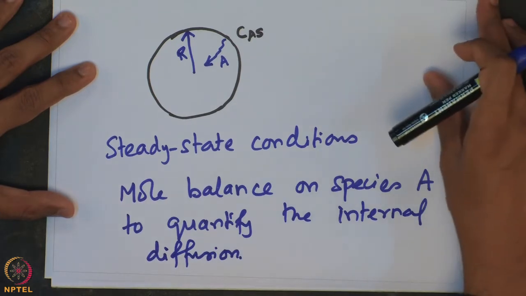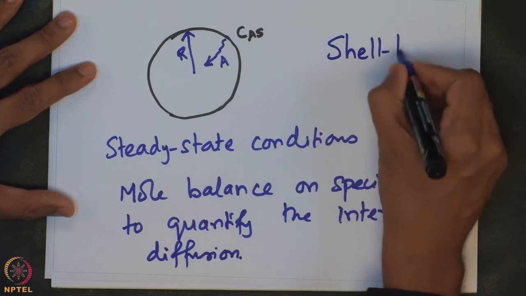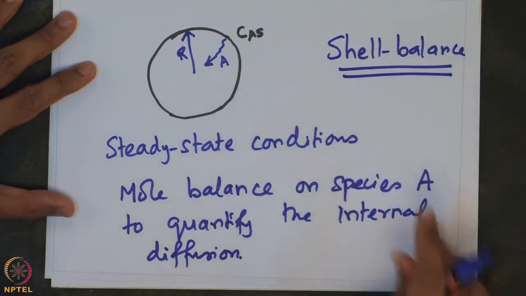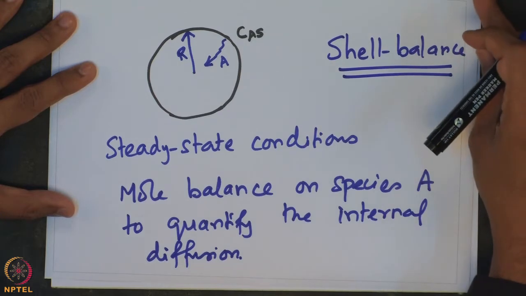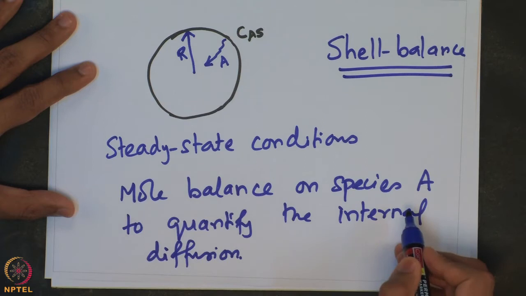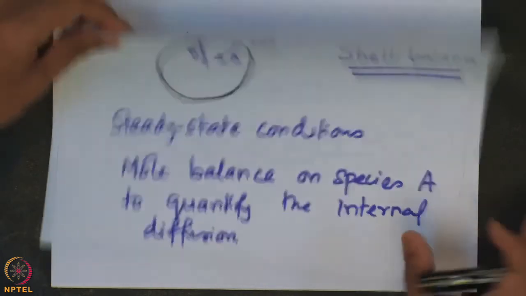Now, in order to do this, what we will do is we will write a shell balance, a classical well known method. We will write a shell balance to capture the mole balance on species A to capture the internal diffusion process.